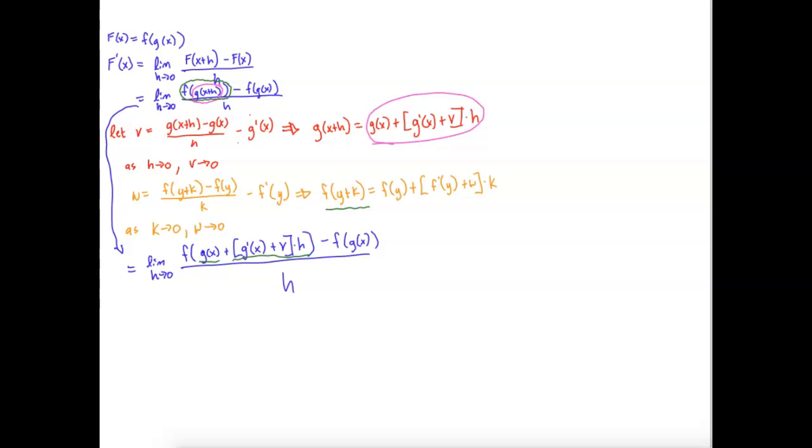So all we have to think about is that in this case, g of x is thought of as our y, and this whole term is thought of as our k. And then we can expand it using this formula. Just remembering that y is our g of x in this case, and then k is this whole mess, the g prime plus v times h, right? So then I'm going to expand it by using this formula.